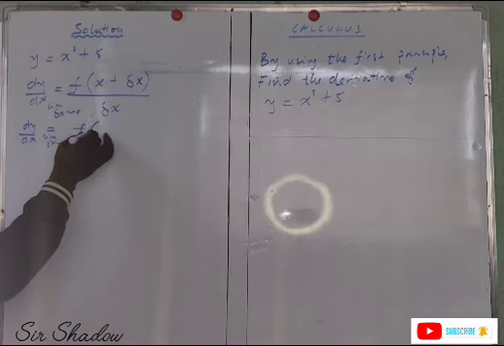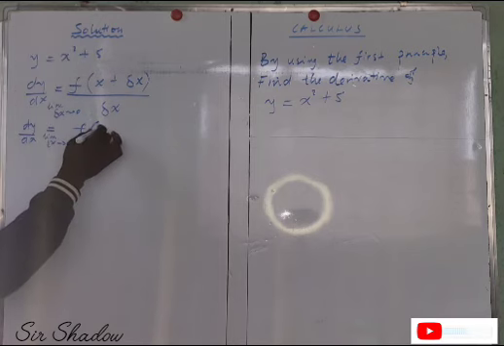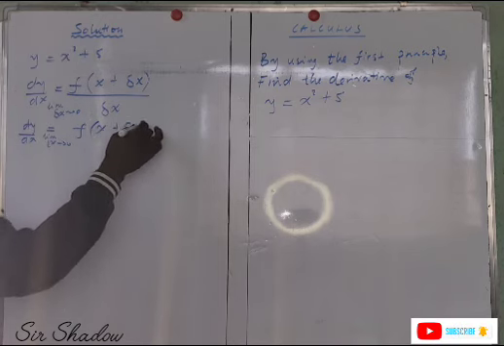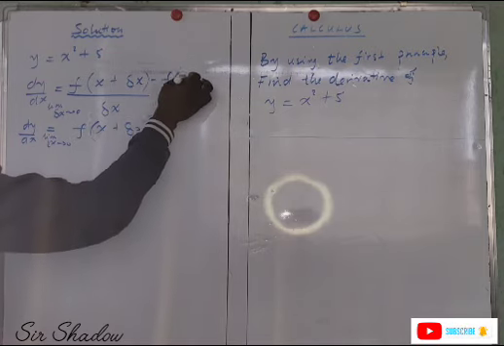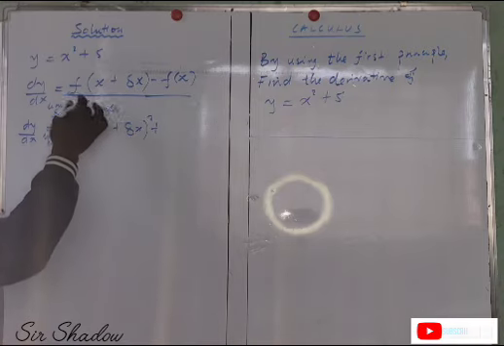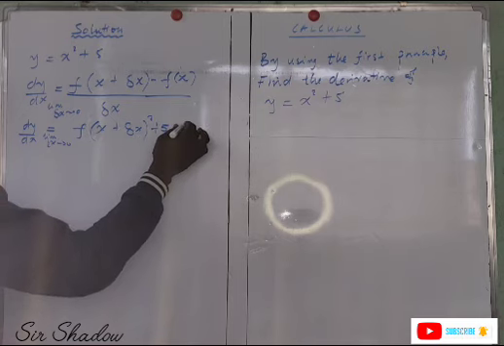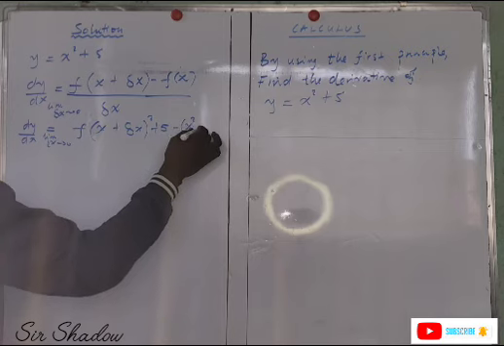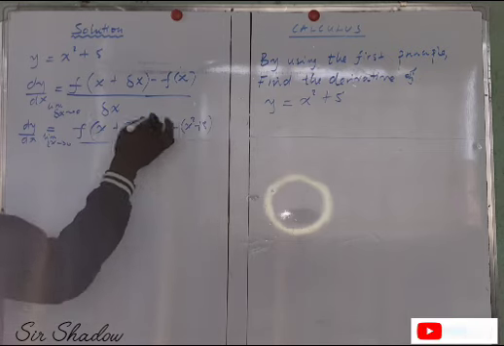Then we have f of x plus delta x, but we have squared here, so it becomes x plus delta x squared, plus 5, minus f of x, the original function, which is x squared plus 5, all over delta x.